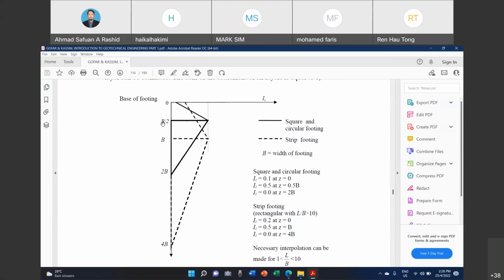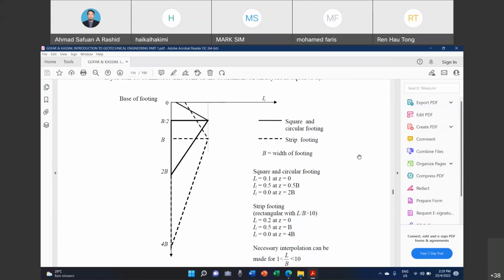If the depth from the foundation footing is B over 2, for example if B is 3, so B over 2 will be 1.5, the Iz is around 0.5. Then at 2B, which is 6, the Iz becomes 0. So that is for the square and circular footing.